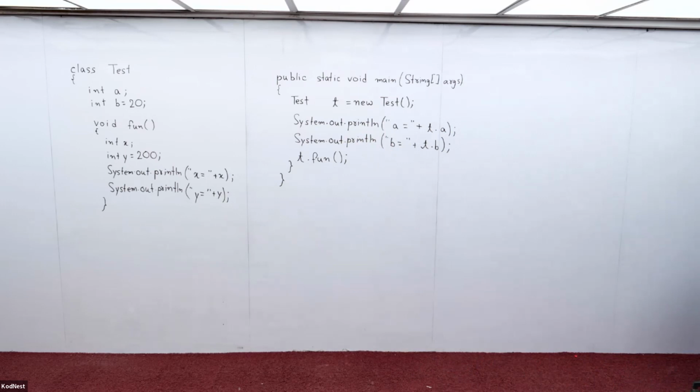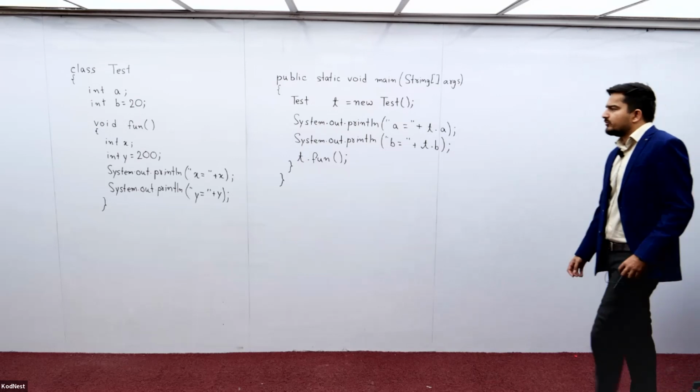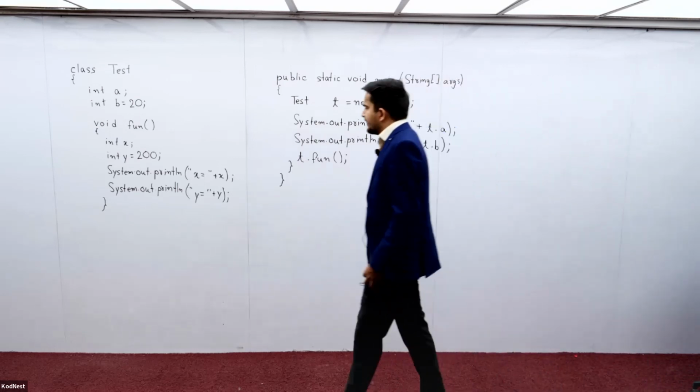In the Test class only, I am having the main method, Hemant. We can create it in a different class also, same class also, not a problem. Have it in your notebook and try to think what output will be there.